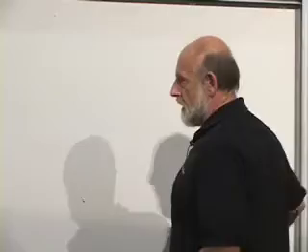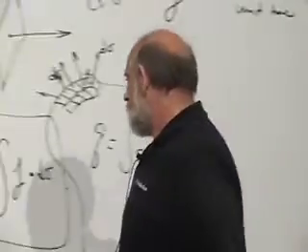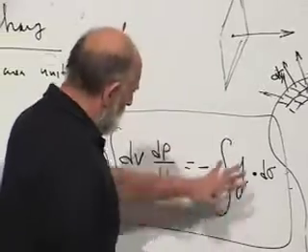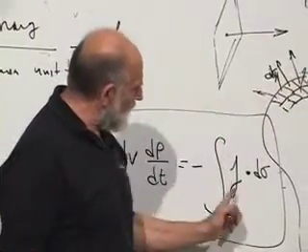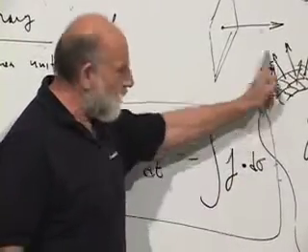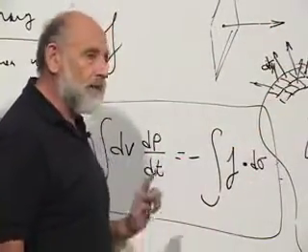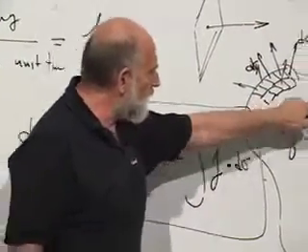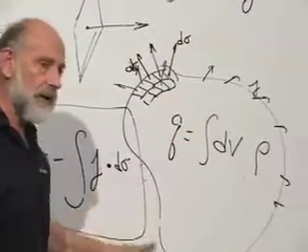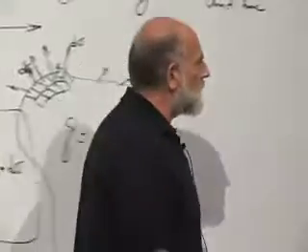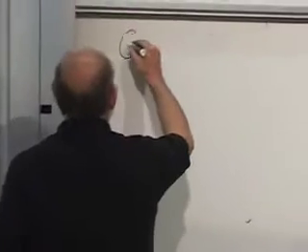But I will tell you what it is. This is called a surface integral. It's an integral of a vector quantity over a bounding surface. It can be related to an integral over the interior. And here's the theorem, called Gauss's theorem.